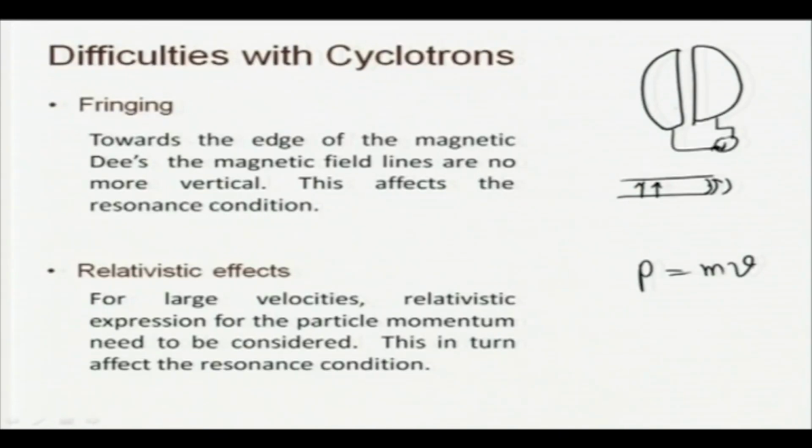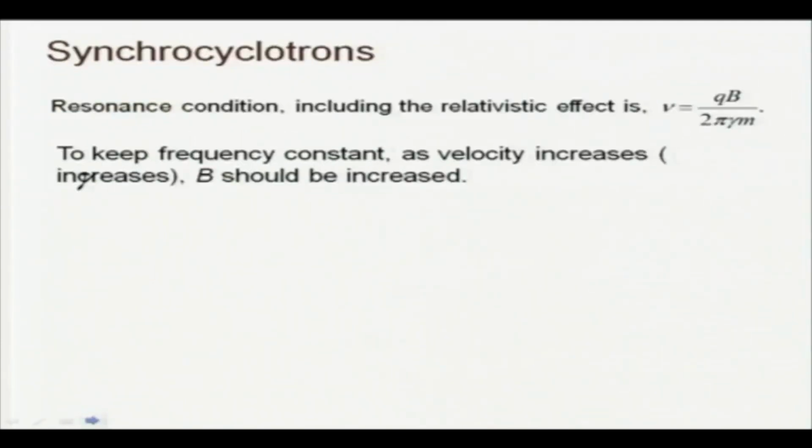But in the case of relativistic particles, the momentum p will go to gamma m v, where gamma is 1 over the square root of 1 minus the speed of the particle squared divided by the speed of light squared. So, this effect will also disturb the resonance condition. These are two effects at least which are major in this kind of setup.